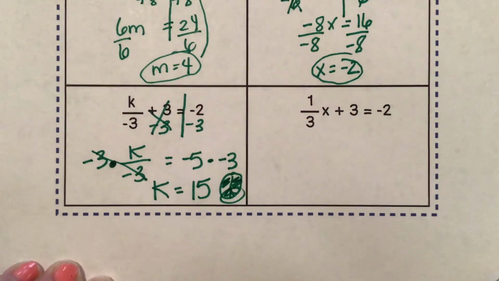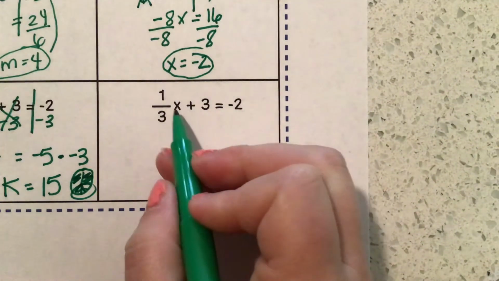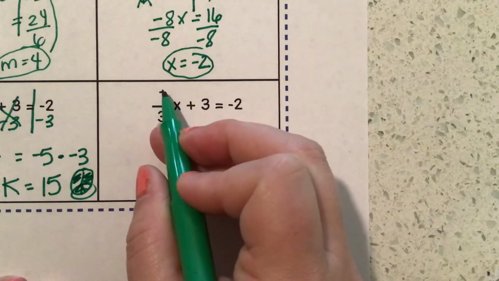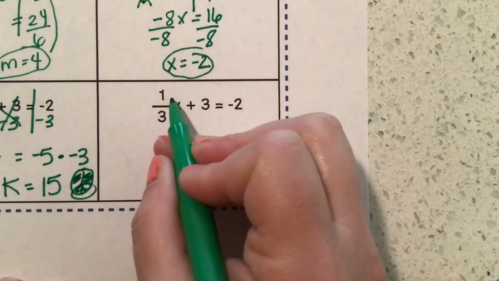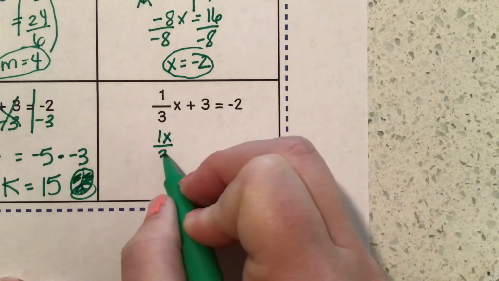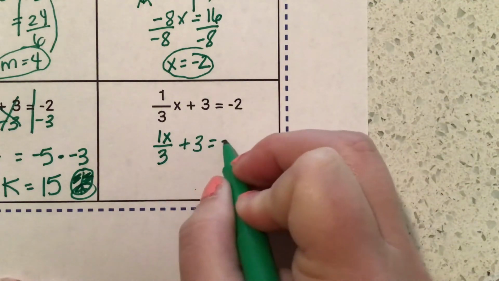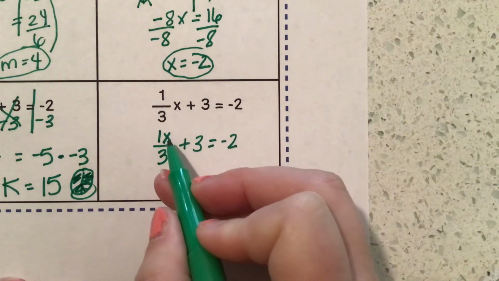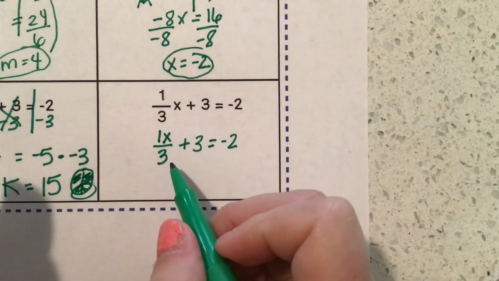Okay. Now this last one is more of a challenge, but it's nothing that we can't do. If you'll notice, this 1 and this x, I can rearrange it to say 1x over 3, like this, plus 3 equals negative 2. Now, if I have one pencil or I have a pencil, I have the same amount of pencils.